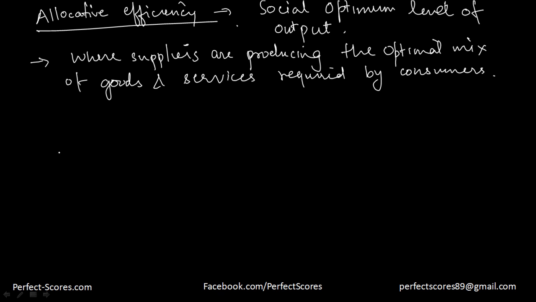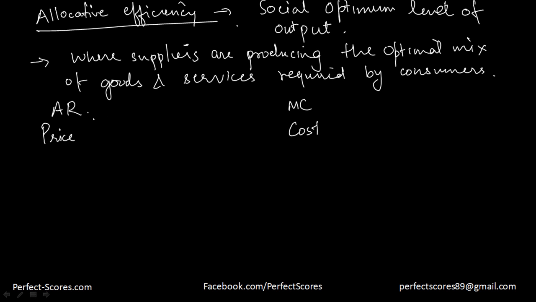What do we mean by that? We have two factors when it comes to production of the firm. We have the price, which is denoted by the average revenue, and we have the cost, which is denoted by the marginal cost. Marginal cost is the cost that the firm incurs by producing one extra unit. Price, on the other hand, is the average revenue.